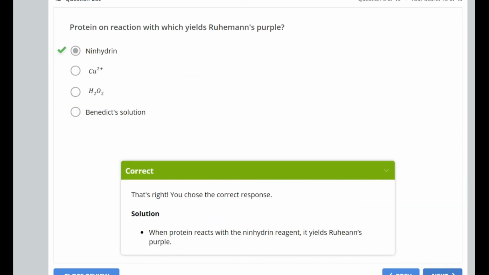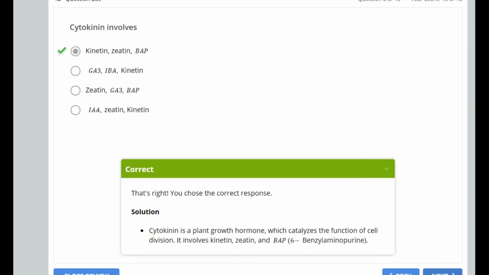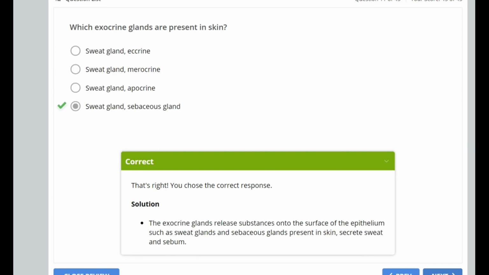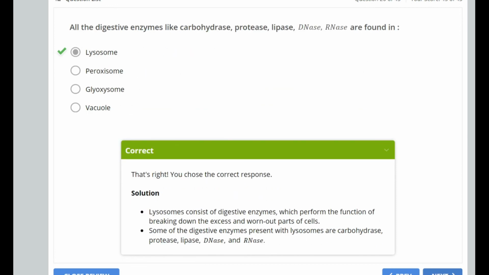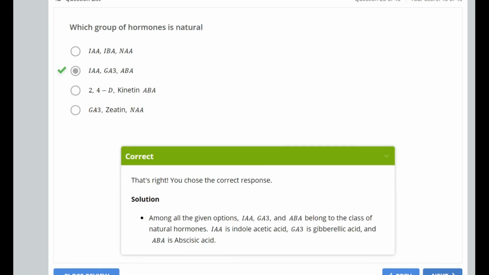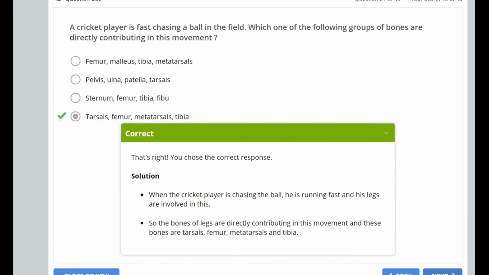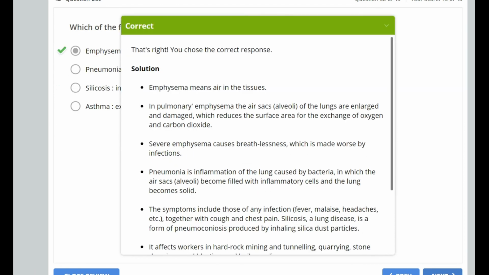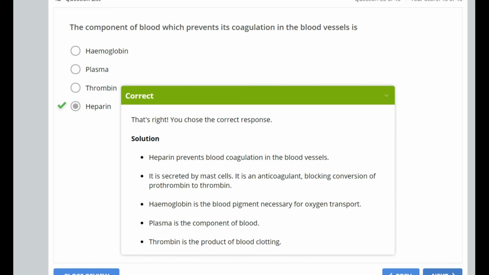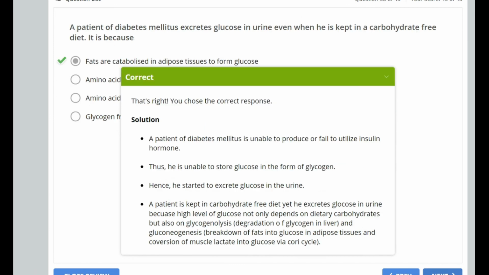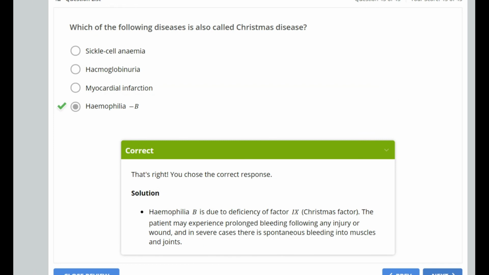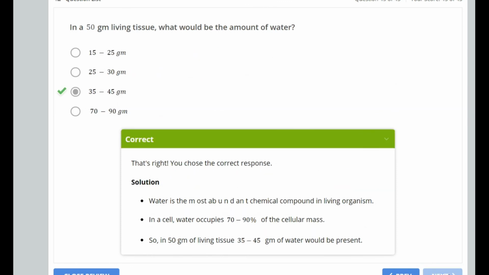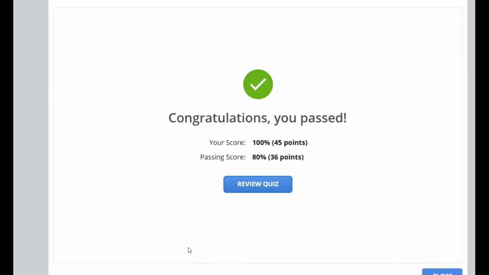In this manner, you can check the answer for each and every question from our mobile application. So you can close the review after you have completed the questions.